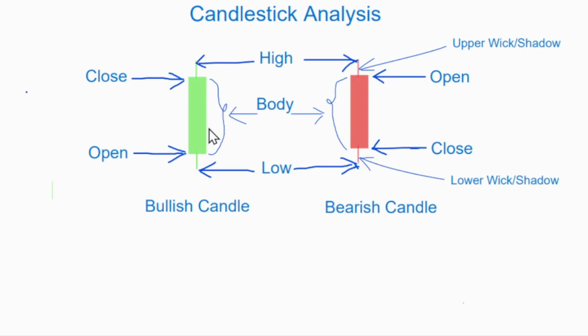Green indicates that the market is going upside. Whenever the market is going downside, the red color candle indicates the market is falling.